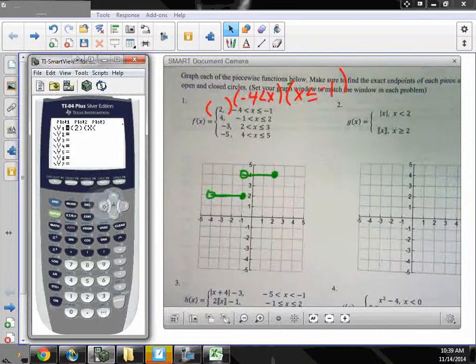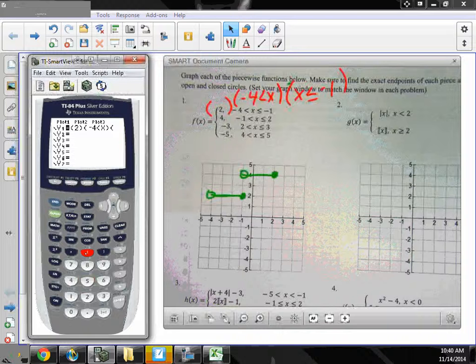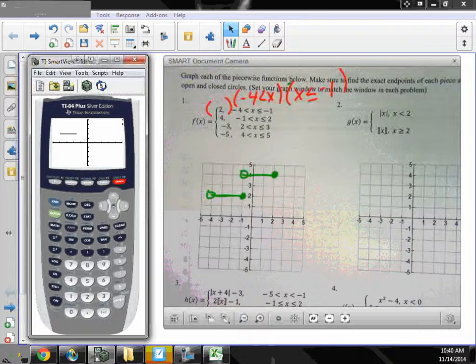Oops, I did it wrong. -4, second math, x, close the parenthesis, and then x less than or equal to -1. And if I push graph, it will draw the graph for me. The only thing it doesn't do is give you the open circles and the closed circles. You have to figure those out on your own.